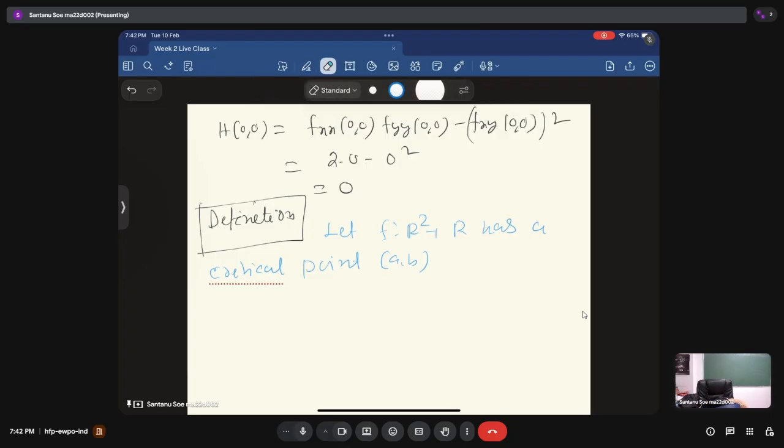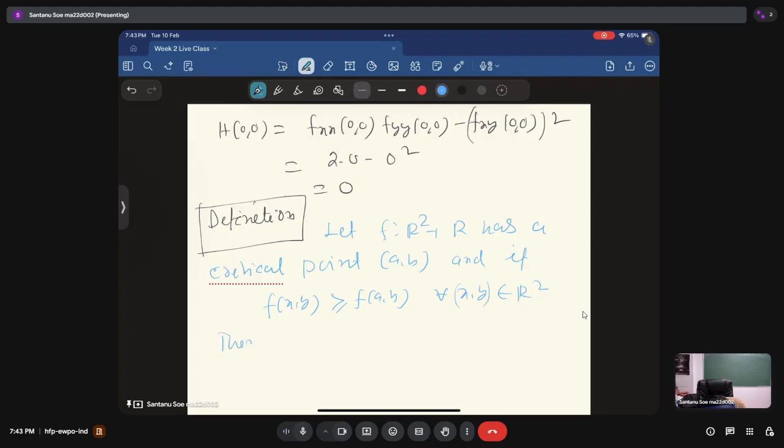and if f(x, y) is greater than or equal to f(a, b) for all x comma y in R2, then a comma b is a point of global minimum.